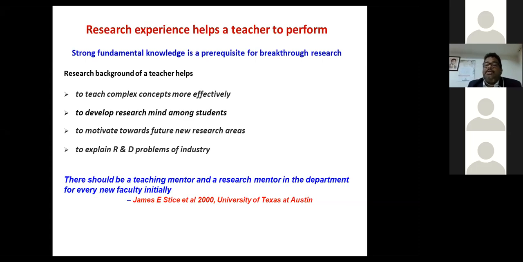He said only that you go and visit the industries, talk with them, and discuss the ideas and problems they are facing. You will get some ideas, and those ideas become future patents. So these patent ideas you get from them, and it is very, very important for teachers to visit industries. So that is why we need to be aware of R&D problems of industry, very important, especially for engineering teachers.